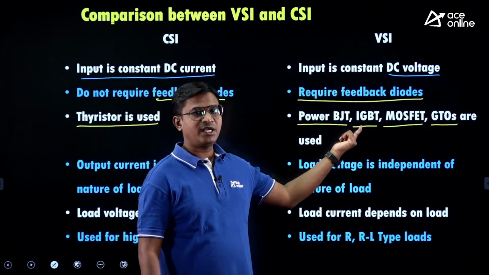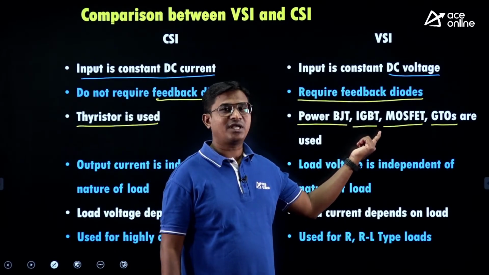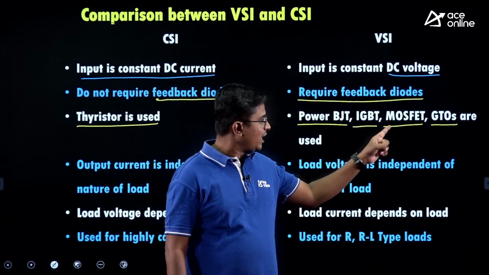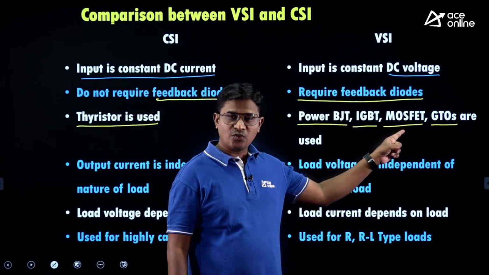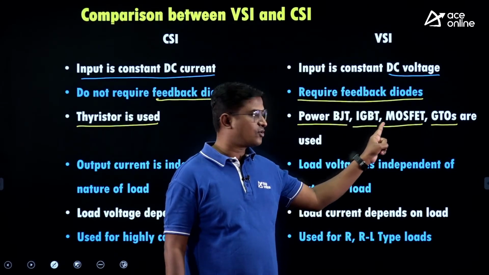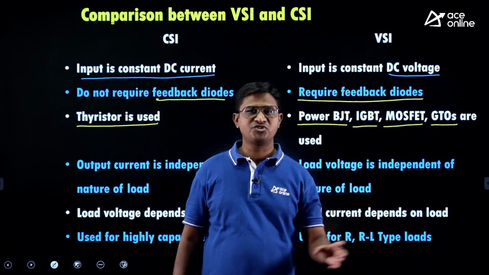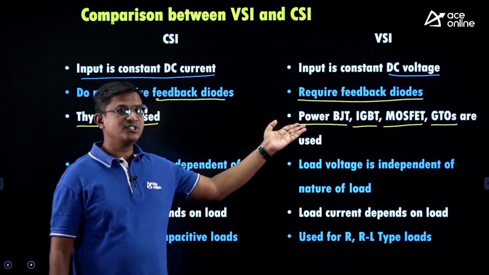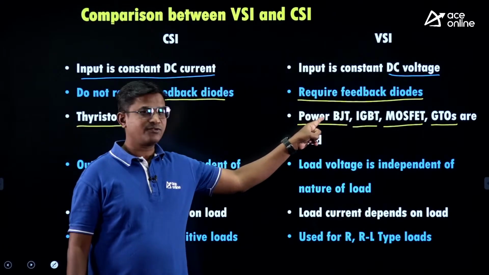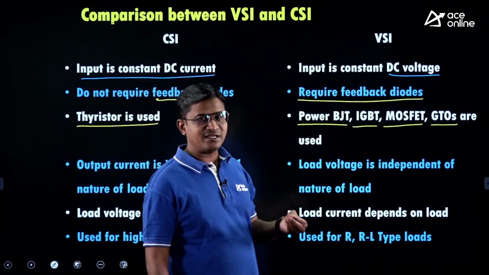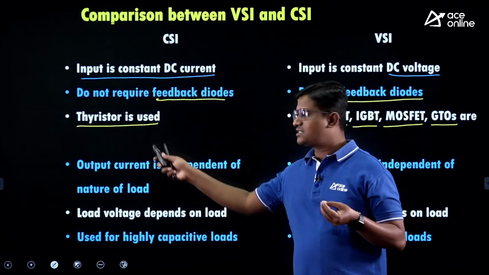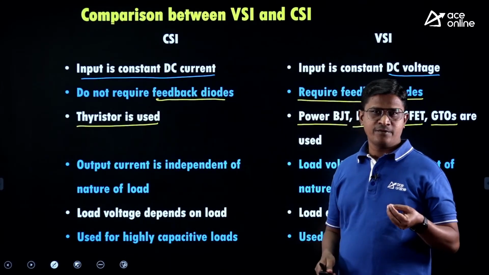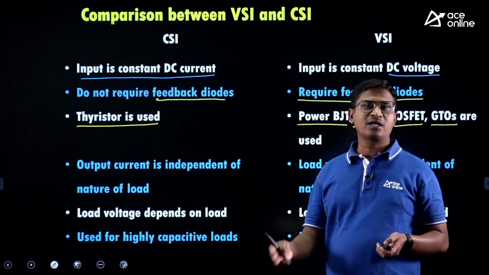Similarly, IGBT is a voltage control device. We have MOSFET, it is also a voltage control device. These are also fully controlled switches. GTO: positive gate current turns on the GTO, negative gate current turns off the GTO. So all these are fully controlled devices. But is your thyristor, that is SCR, silicon controlled rectifier, a fully controlled device?